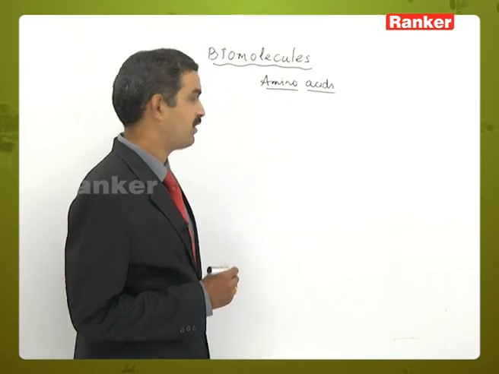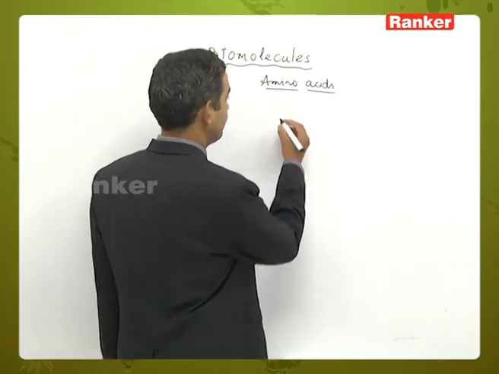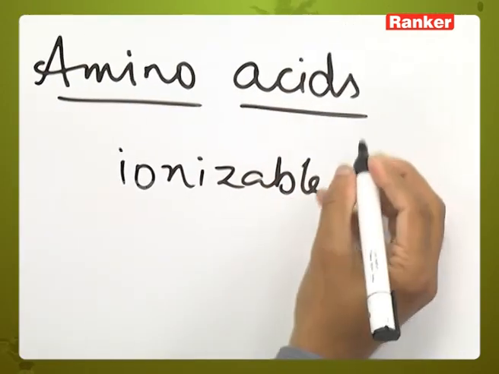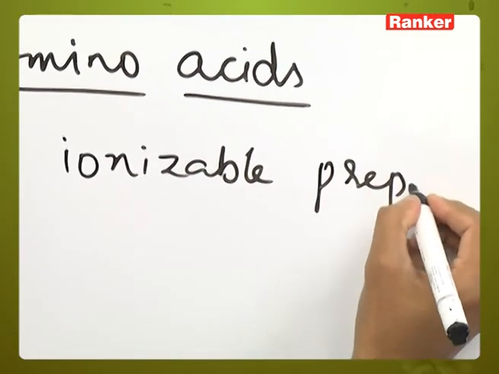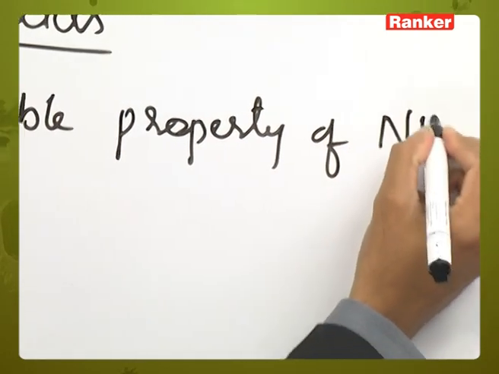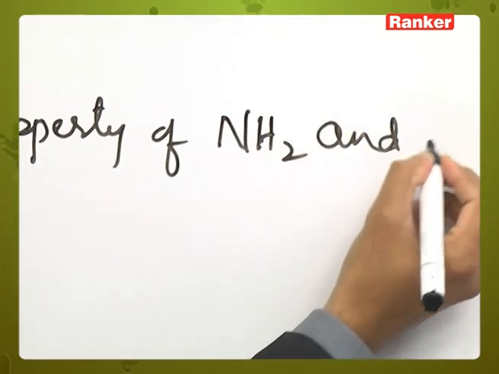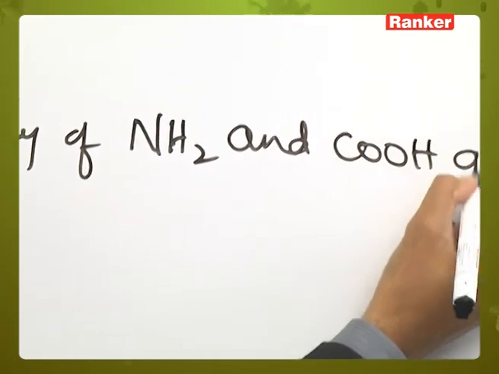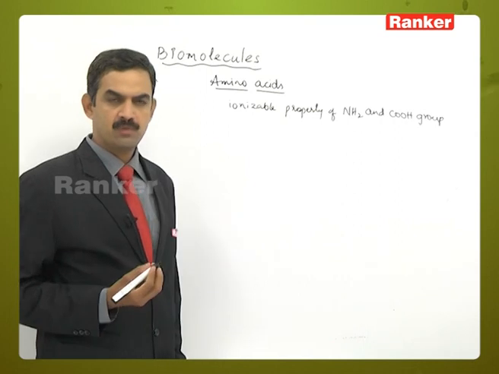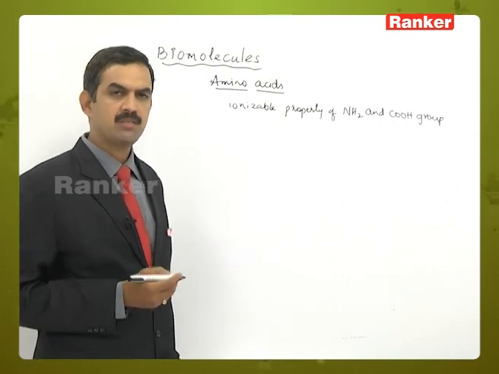So amino acids have one particular specific character, that is the ionizable property of the NH2 and COOH groups. That is, in solutions of different pHs, the nature will change.